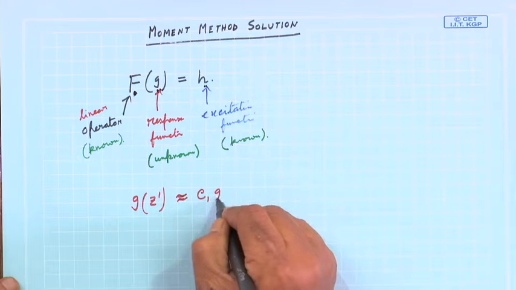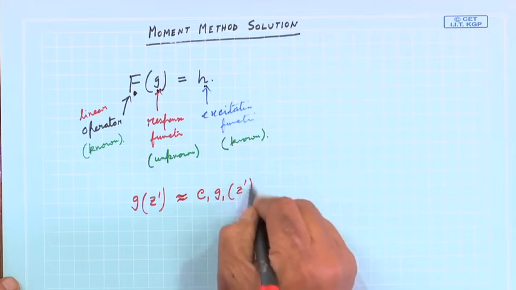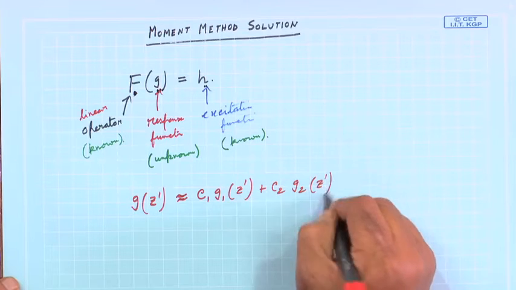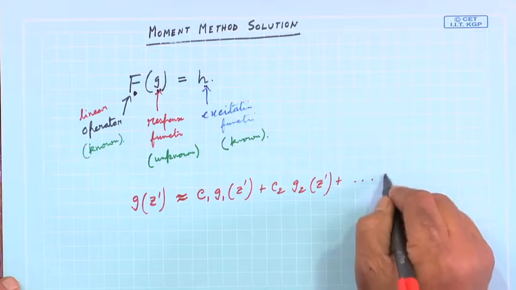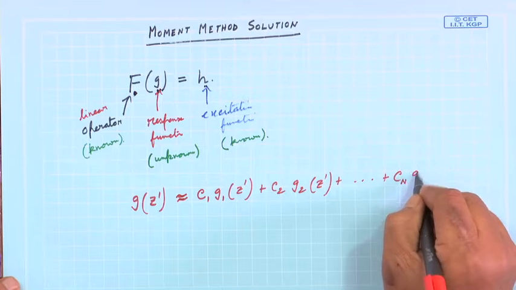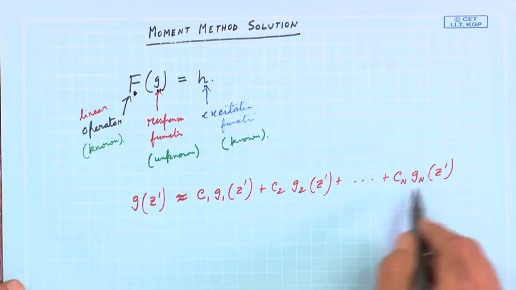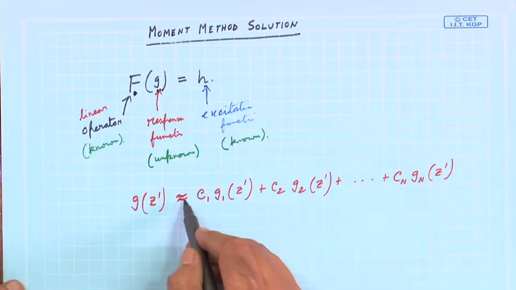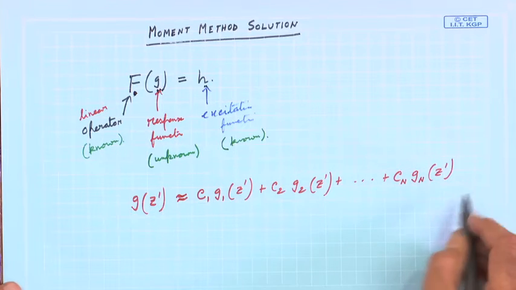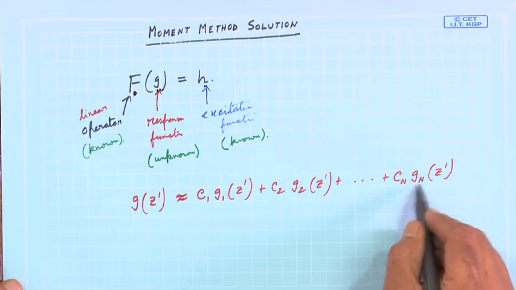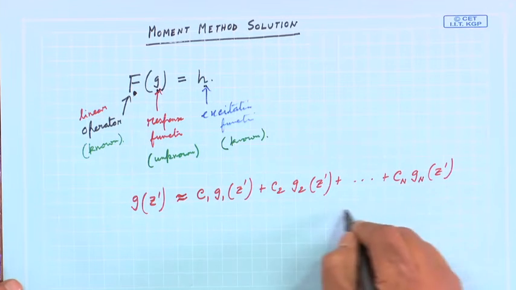So, C 1 g 1 z dash plus C 2 g 2 z dash plus C n g n z dash. Actually, if it goes to infinity, this can be exact, but obviously we have to truncate. So, we are thinking that up to n number of terms we are expanding.